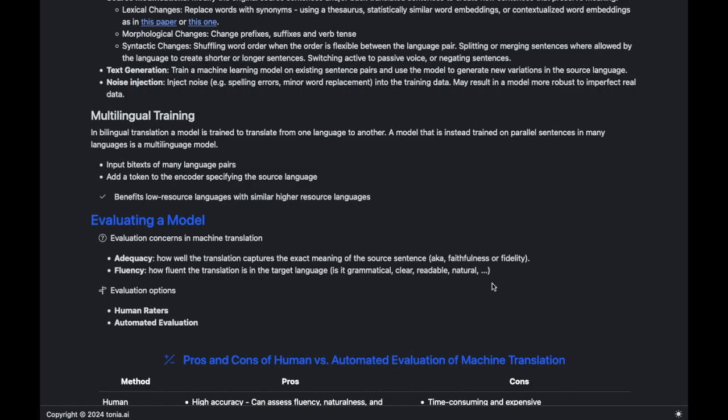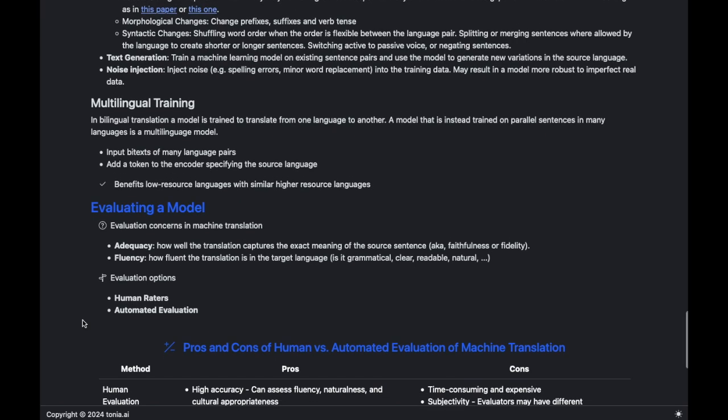Would we expect to see the sentence like that in the language? And that deals with the fluency of the translation. So a translation can be fluent but not adequate, or it can be adequate but not fluent. So those are two different things that we would want to look at in terms of evaluating how good your model did a translation. So how do we actually perform the evaluation then?